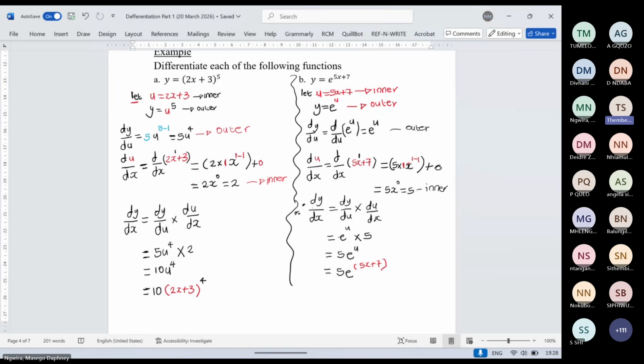Yes, your outer u becoming the exponent. Can you give me a clue how? Check the function. My question is y is equal to e to the power of 5x plus 7. And then I let my u be 5x plus 7. So if my u is 5x plus 7, this will be y is equal to e to the power of u. Oh, okay, you see it now? Yes. Thank you.